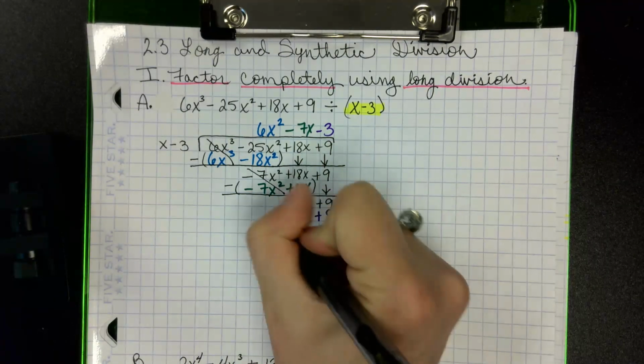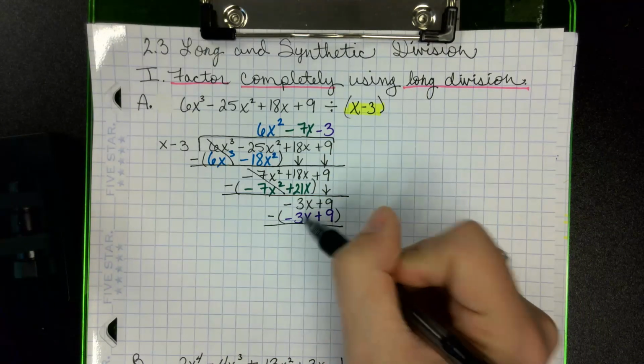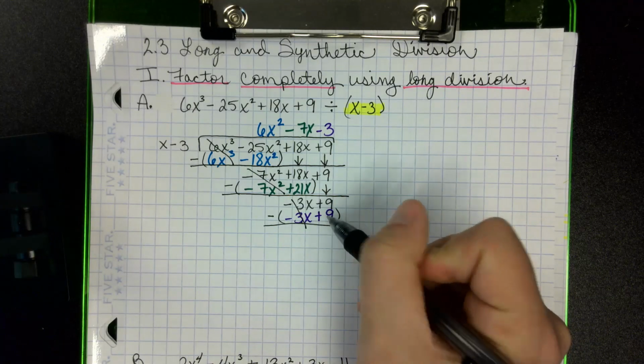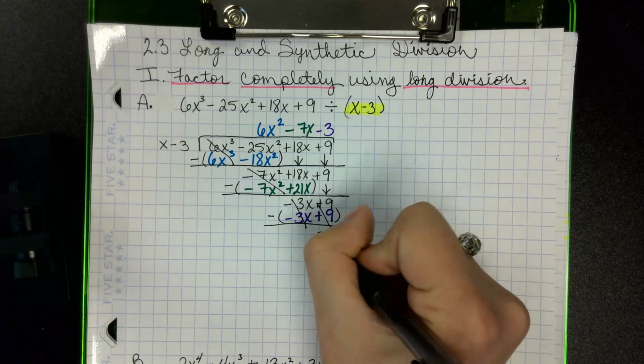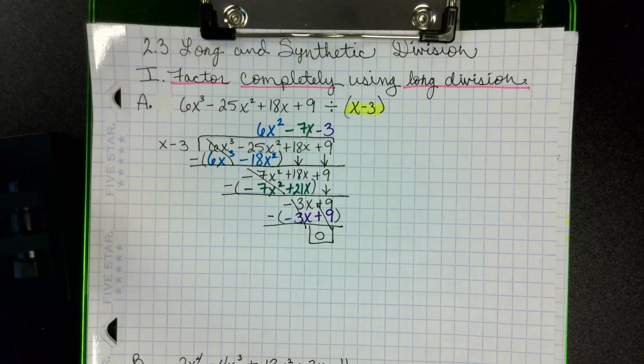Group it so I can subtract. Negative 3x plus 3x cancels. 9 minus 9 cancels. So I have 0 as my remainder. I always put my remainder in a box as a signal to myself that I'm finished and that is the remainder.